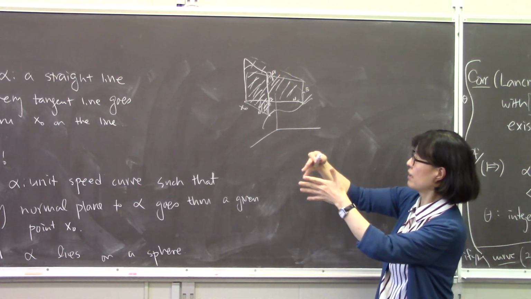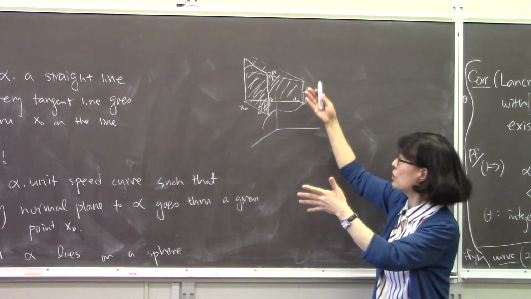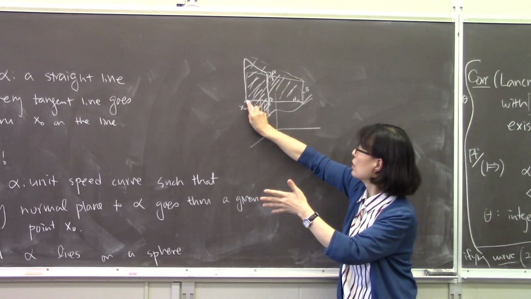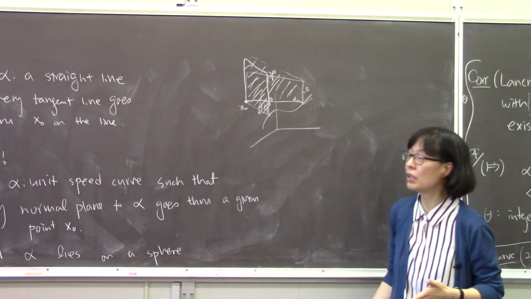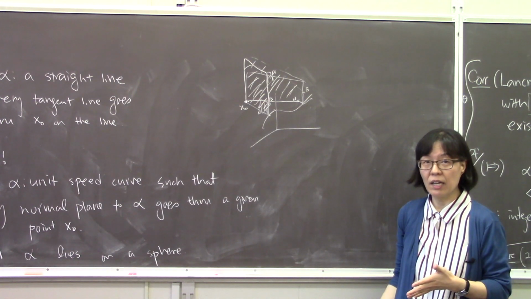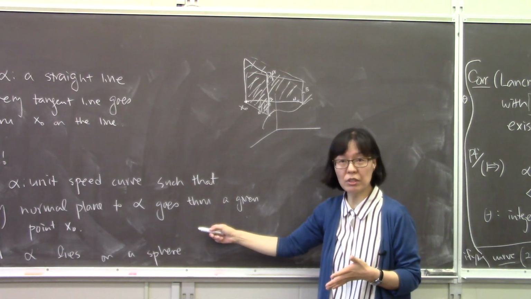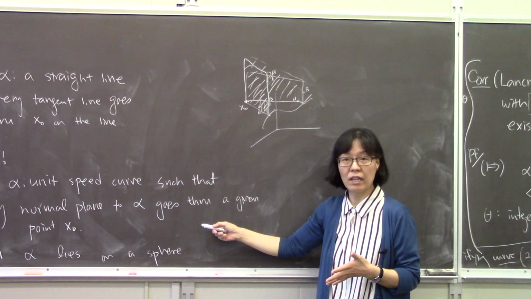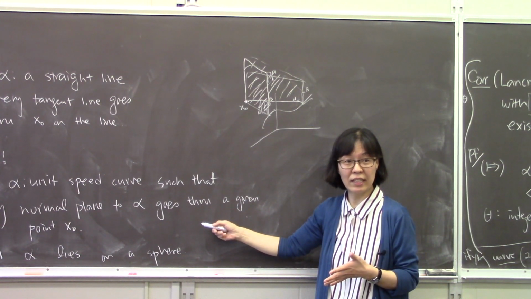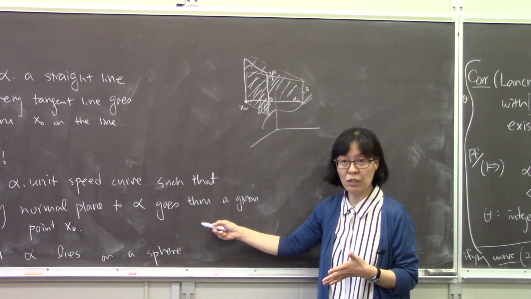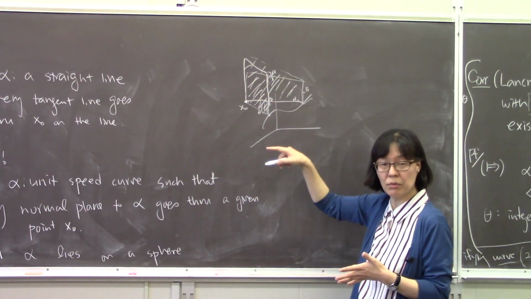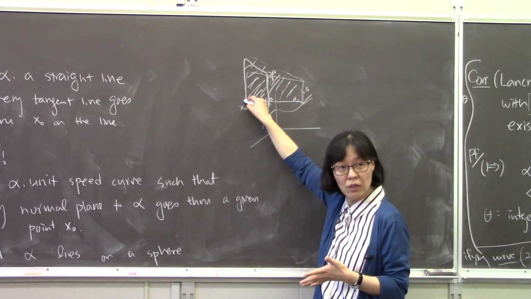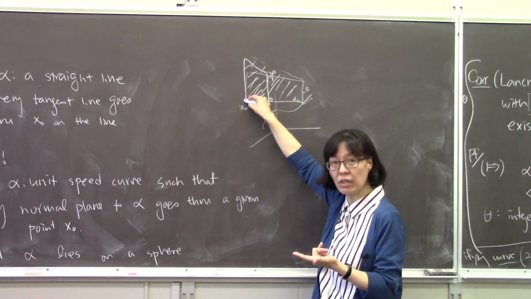So it's like that, okay? So every normal plane actually goes through x0. That's the assumption of the curve. All right? Normal plane at each point on the curve has x0. They share the same point x0.